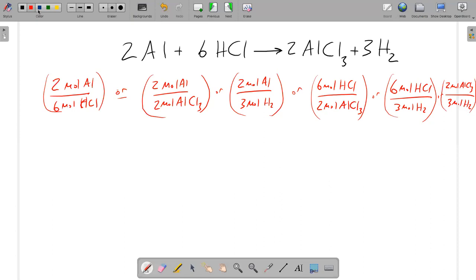And you can also have the reciprocals of all of those. You could have 6 mole HCl over 2 moles of aluminum. You just flip them upside down. So from any one chemical equation, you can relate quantities in 12 different ways if it's a single replacement reaction.